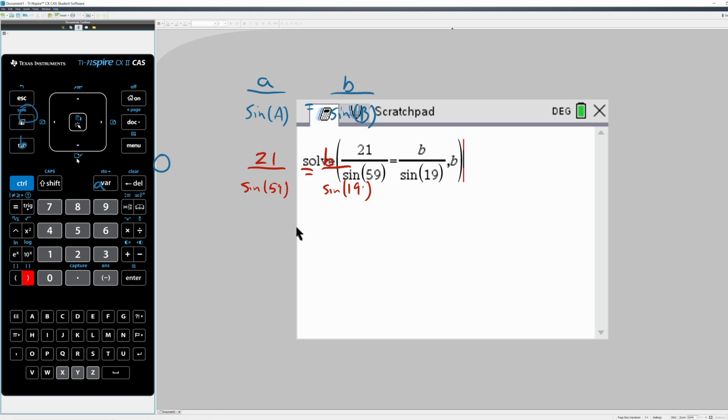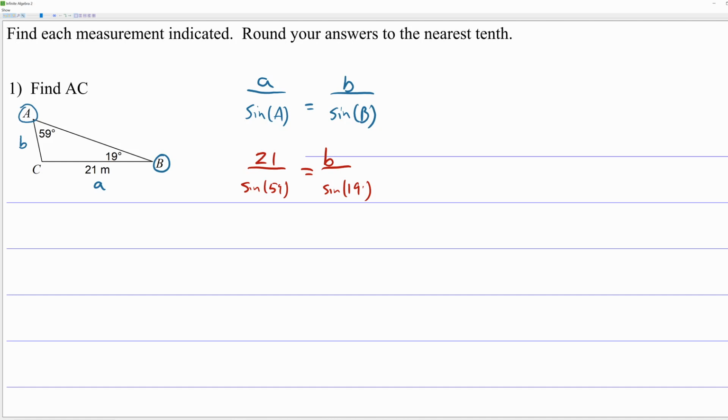Now, to make sure we get a decimal answer for this question, press Control and then Enter, and we get b equals 7.98, which is pretty close to what we want. So we'll round to 2 decimal places, and we'll just say b equals 7.98. The instruction said round to the nearest tenth, that'd be the first decimal place.